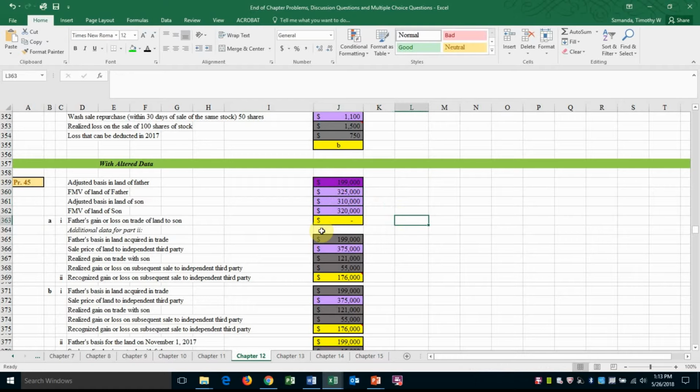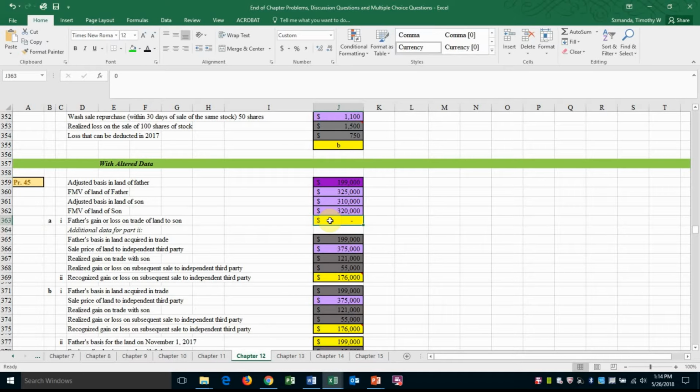There are really two parts to this question in Part A. First, what is the father's gain or loss on the trade to the son? At the time of the trade, there's no gain or loss recognized. Certainly there is a realized gain mathematically, right?